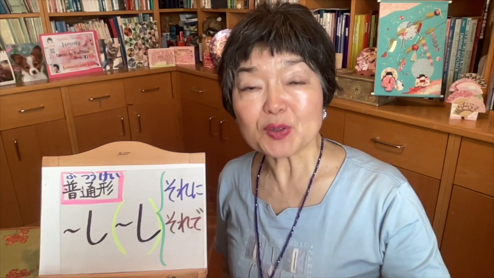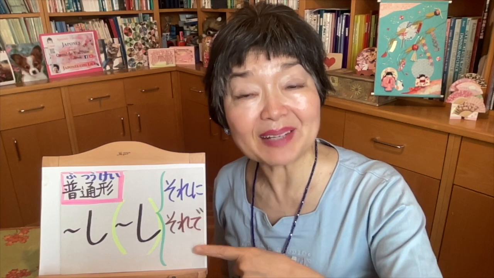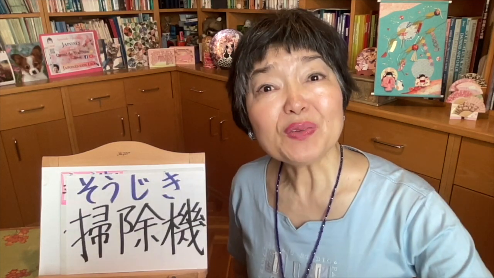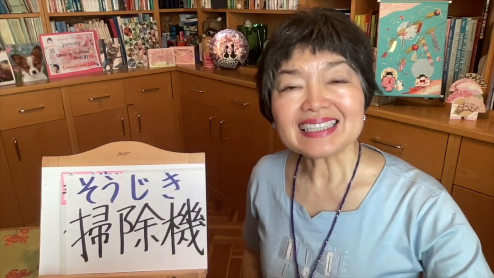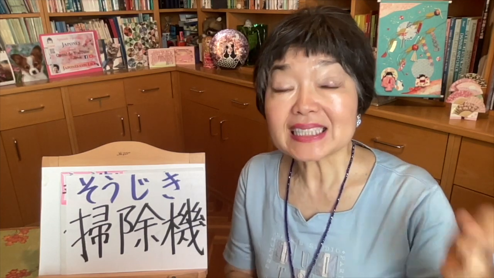Now a quiz time with three translations into Japanese. Sometimes you can make two sentences, し and て, but sometimes it's not possible to use し. The new vacuum cleaner is small and light, and also the sound is silent. The vacuum cleaner, 掃除機.